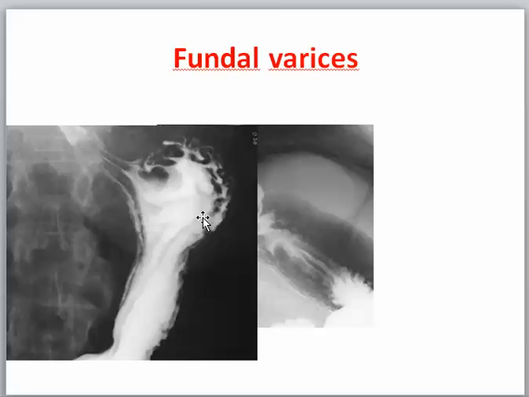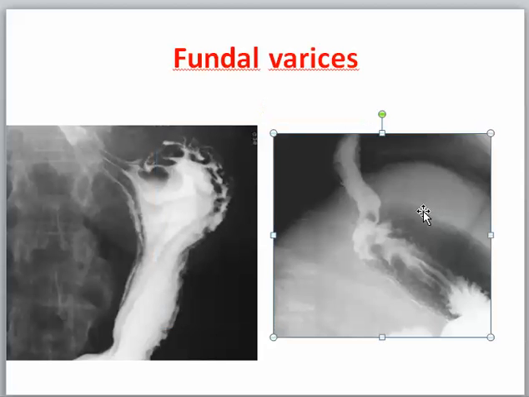Now here we have some tortuous indentations, parallel lines, tortuous indentations are seen here and there, and this is characterized as fundal varices.